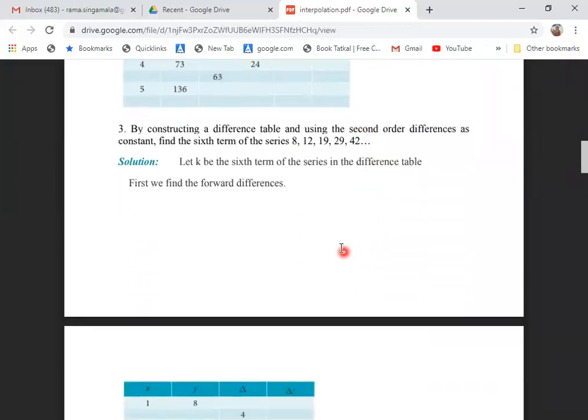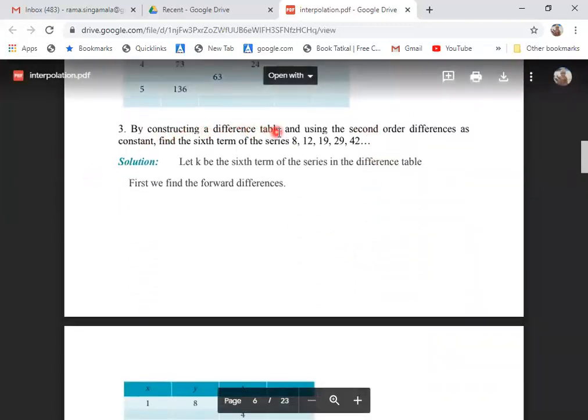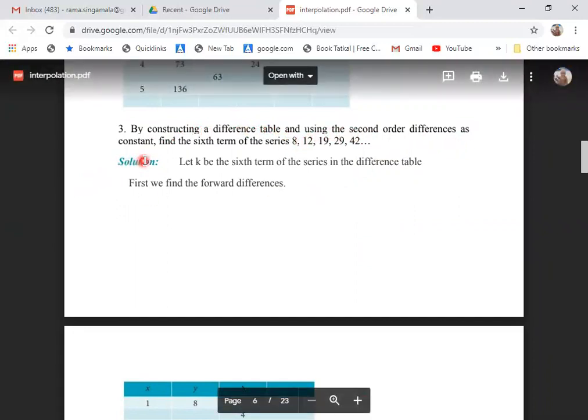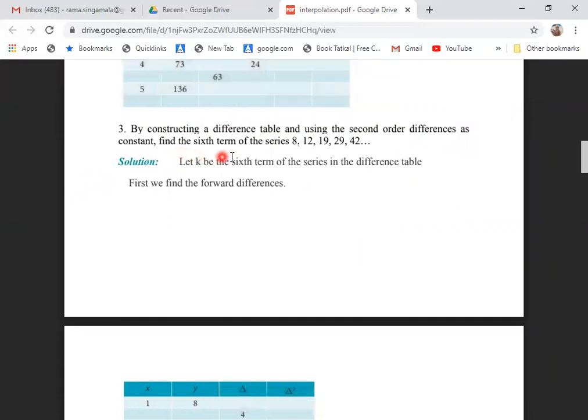Let us see another example. By constructing the difference table and using the second order differences as constant, find the sixth term of the series 8, 12, 19, 29, 42. Here we are given the first term, second term, third term, fourth term, fifth term.